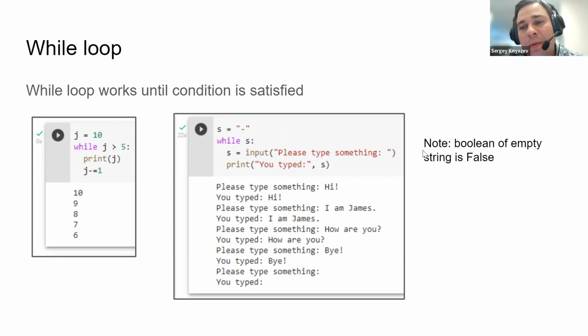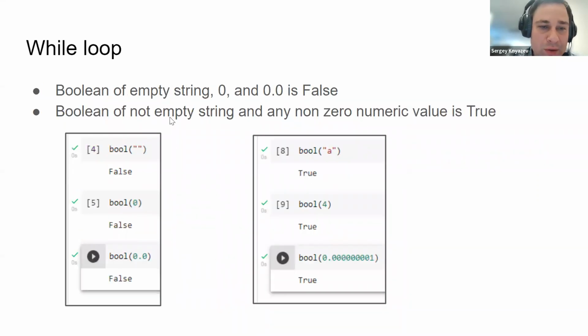It's because the empty string is treated as false. Okay, so empty string can be converted. Evaluation. So Boolean value of empty string is false, and not only of empty string, but actually 0 is also equal to Boolean false, and integer 0 and floating point 0 is also equal to false.